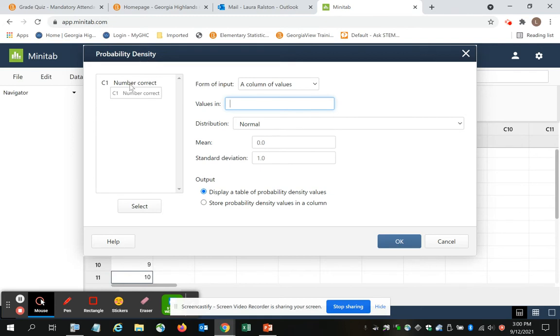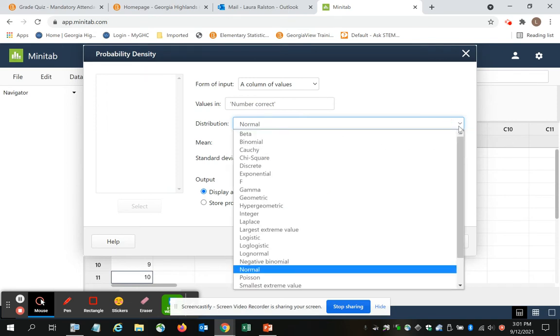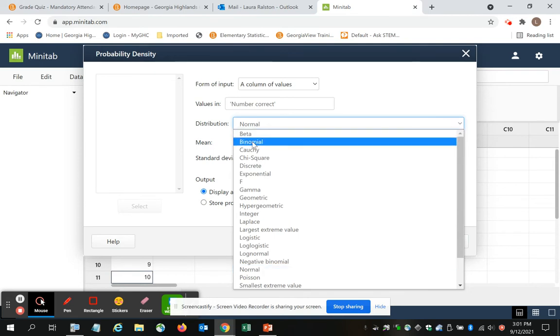I can double click C1, and it puts it into the box. At this point, the third thing you have to choose is the type of distribution. And again, we'll be talking about different kinds of distributions. This one is the binomial. We will also later talk about the normal distribution and also chi-square. So you have to choose which distribution you are using. We're using binomial.